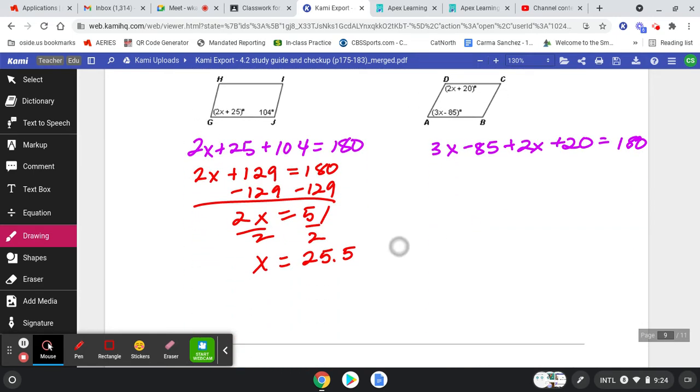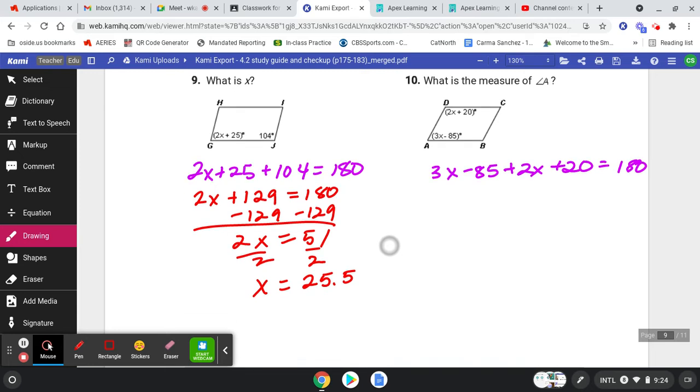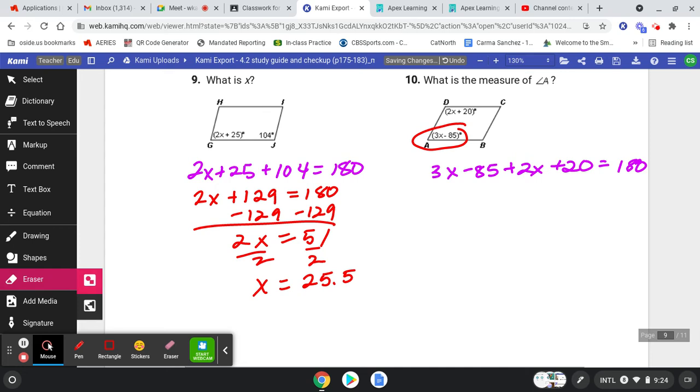So anyways, let's finish off number 9 here. What is X? So we're totally done with this one at 25.5. Over here, they say, what is the measure of angle A? So we are going to have to do some additional work after we finish solving. And then I'll go back up and fix the other ones if I forgot those final steps.